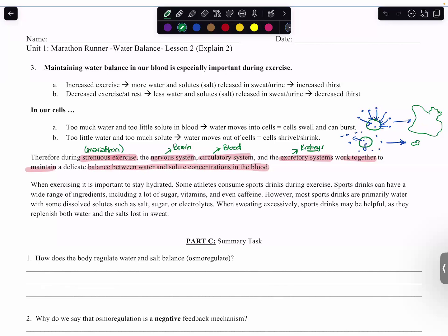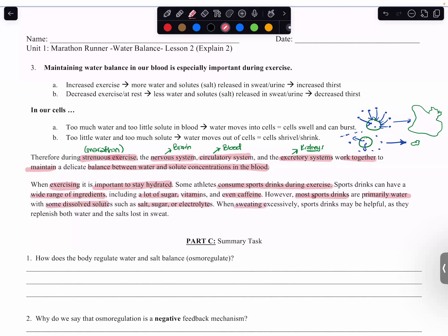Now, when exercising, it is important to stay hydrated. Some athletes consume sports drinks during exercise. Sports drinks can have a wide range of ingredients, including a lot of sugar, vitamins, and even caffeine. However, most sports drinks are primarily water with some dissolved solutes such as salt, sugar, and electrolytes.